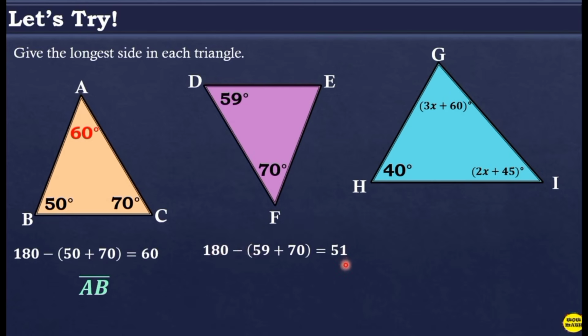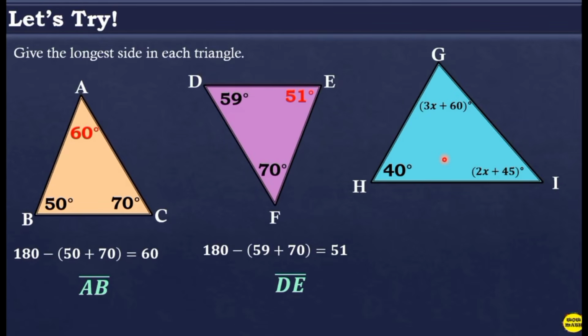Therefore, we have 51 degrees. So, we can now identify the largest angle so we can see the longest side. Since yun ang tinatanong. So, since this is 70 degrees, ito yung largest angle, ibig sabihin, ang longest side niya ay side DE.